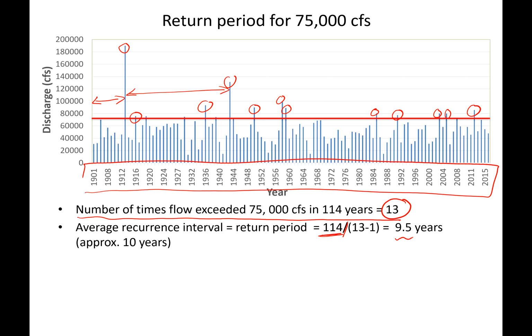When you do that, the answer that you get is 9.5 years. And usually we don't say this as 9.5 or 9.4. You round it up, so approximately 10 years. So the return period for 75,000 CFS at this site is 10 years.